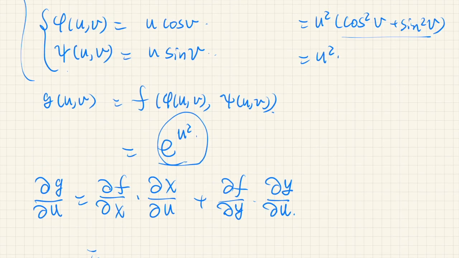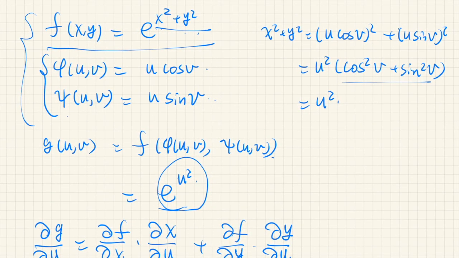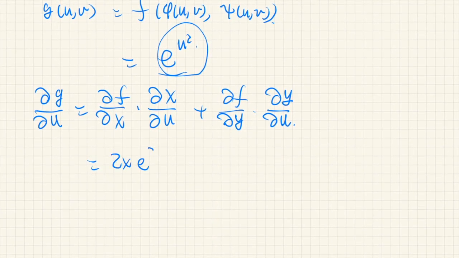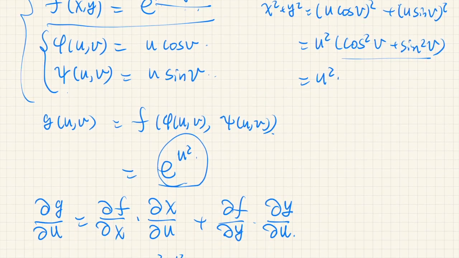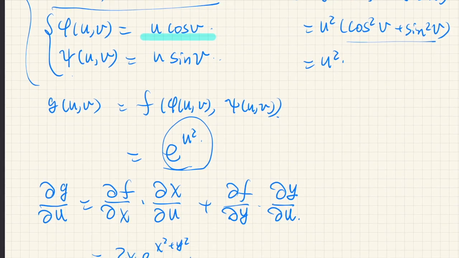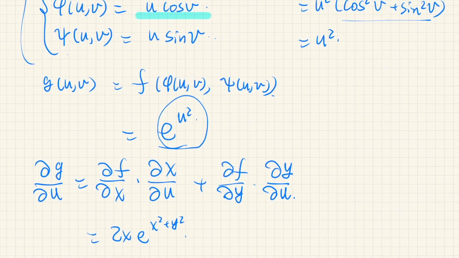Let's see what happens. So if you differentiate this one with respect to x, what you have is, let's see, this is e to the power of x squared plus something, so that's 2x e to the power of x squared plus y squared. And then you differentiate x, that is this one, with respect to u. This one with respect to u, you have cosine v.